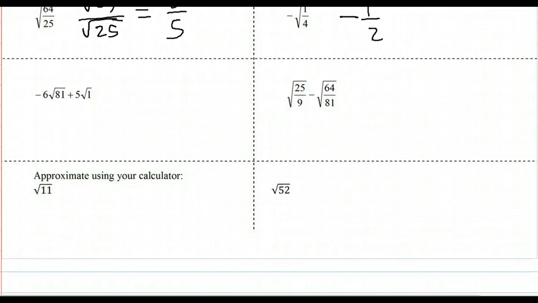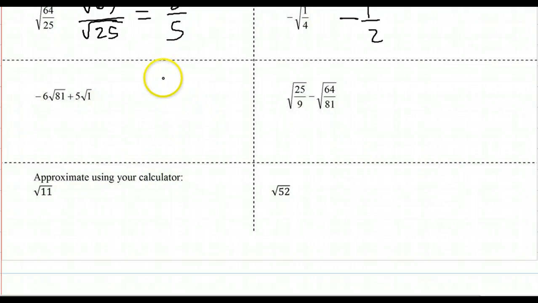If you're doing order of operations, radicals are exponents. So we do groupings first, and radicals can actually group numbers as well, like on the second one. But we have groupings. There aren't any, because this is just one number inside the radical. So you move on to do exponents. Well, what is the square root of 81? 9.